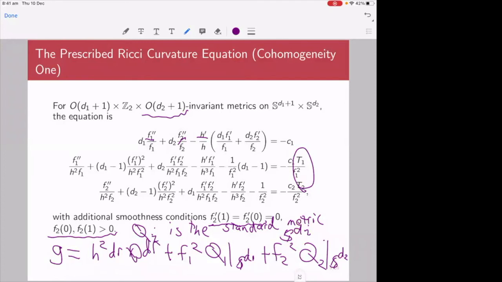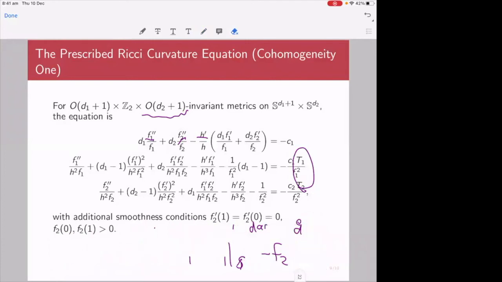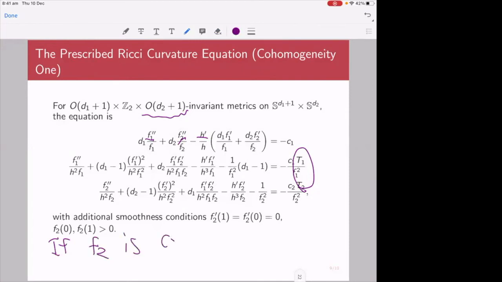Now the question is, how does this relate to what we just saw for the three-sphere? Well, in a very naive way, one can actually see that the equations we get here do in fact become identical to the equations we just saw if f2 is constant. If f2 is constant, then the metrics that I just described actually produce a direct product structure.